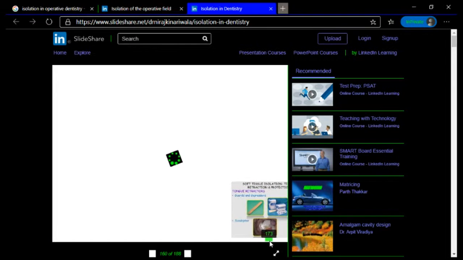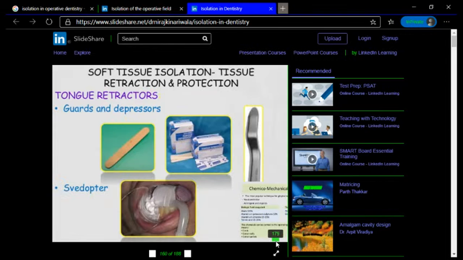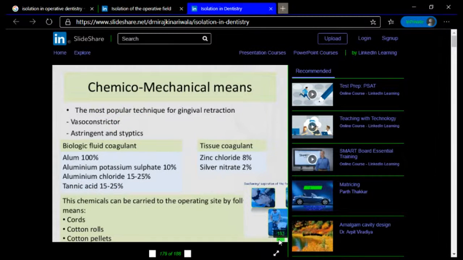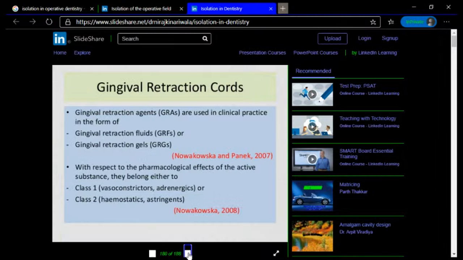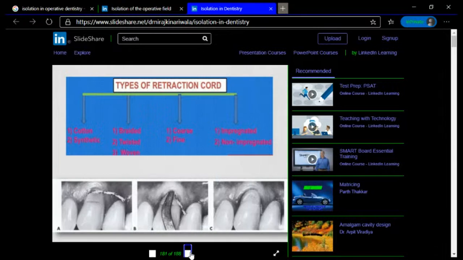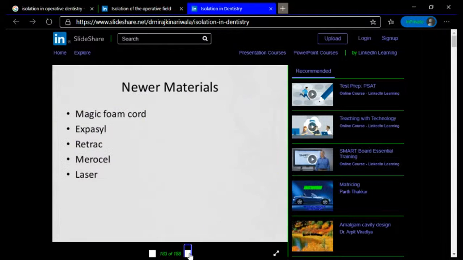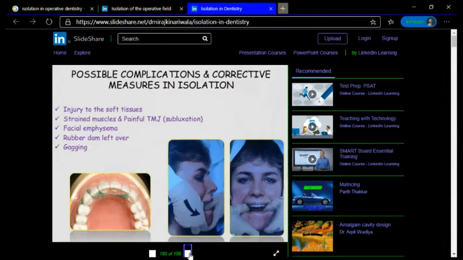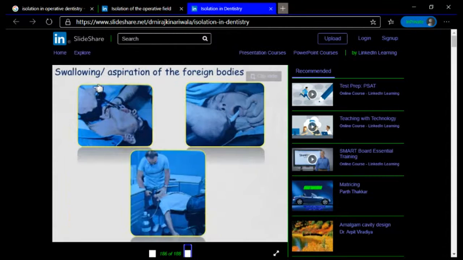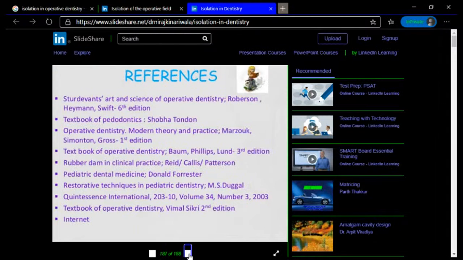There are the cotton rolls, types of retraction cords, possible complications and corrective measures in isolation, swallowing and aspiring of the foreign bodies, and of course the reference.